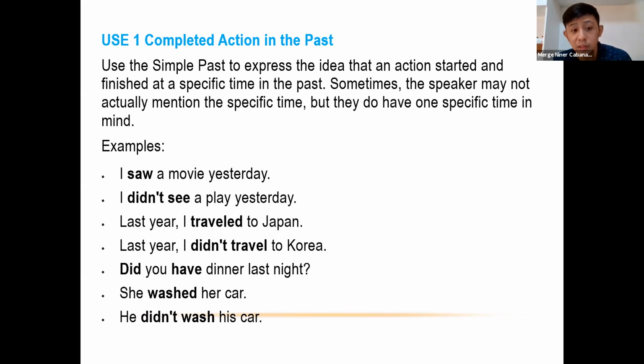So you need to use your time expressions. I saw a movie yesterday. Compared with our example in your present perfect, I have seen that movie already. When I say, I have seen that movie already, napanood ko na yan. When I say, I saw a movie yesterday, nanood ako ng pelikula kahapon. There is a time expression.